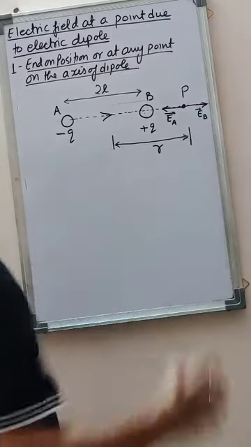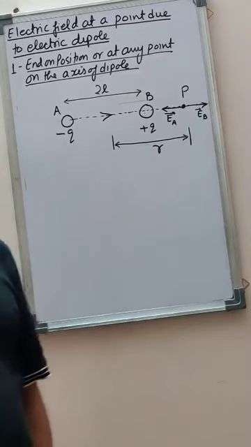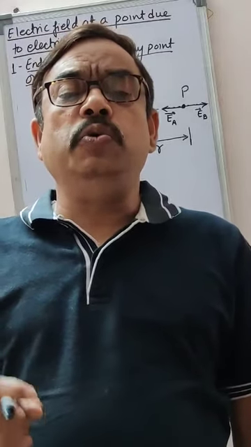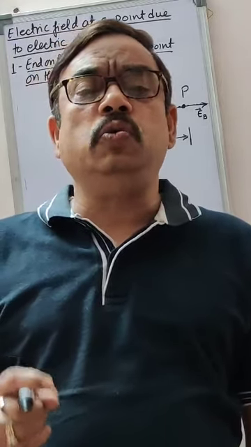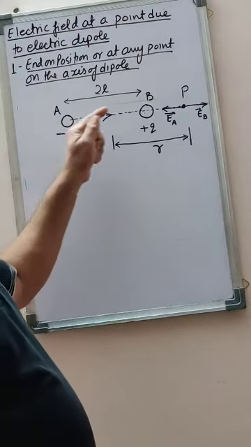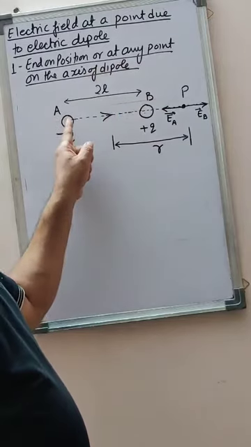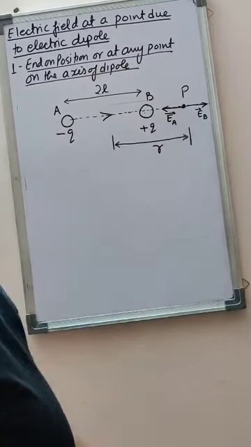As many times I have told you, due to positive charge, electric field is away from the charge, and due to negative charge, electric field is towards the charge. So due to positive charge, field EB is away from the charge. Due to negative charge, field is towards the charge.